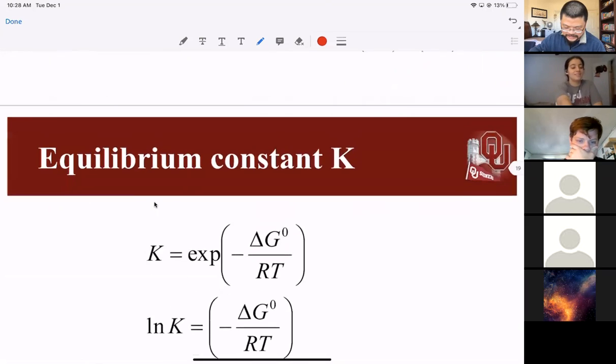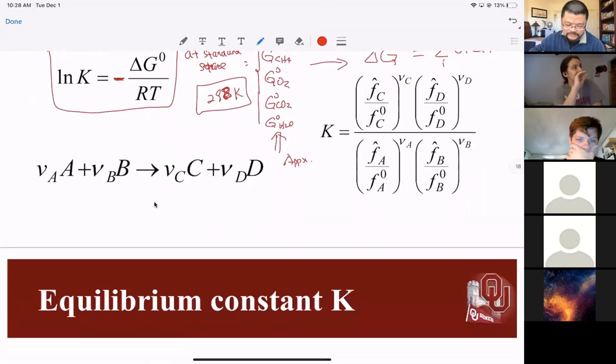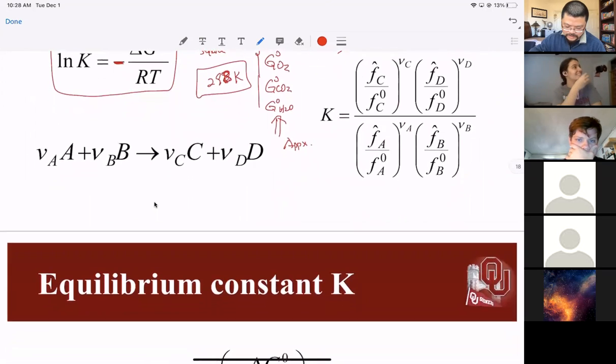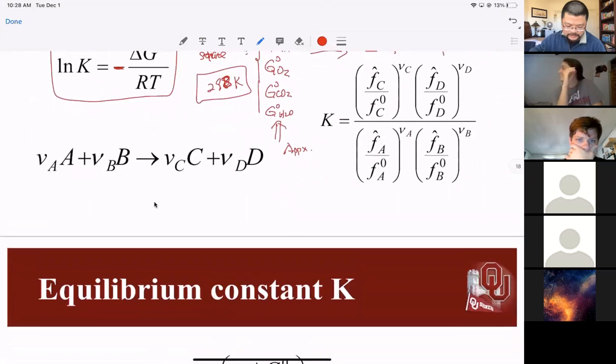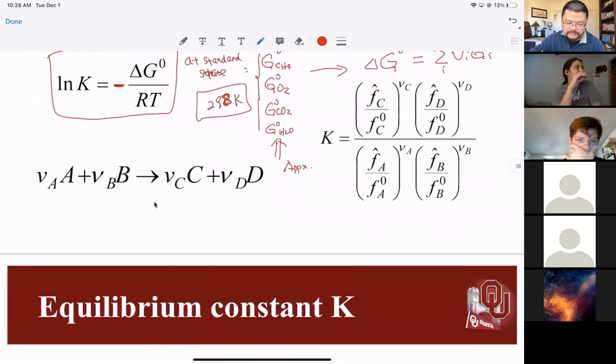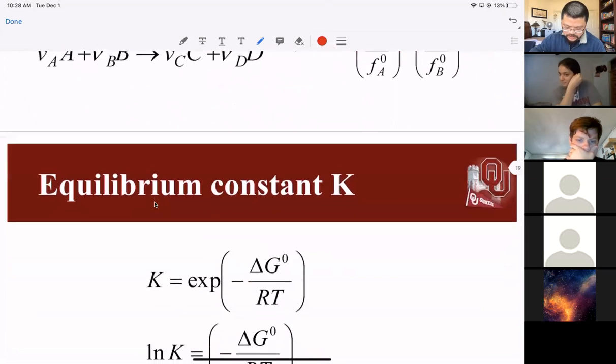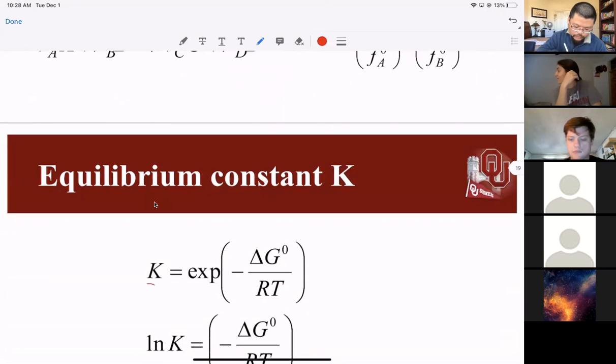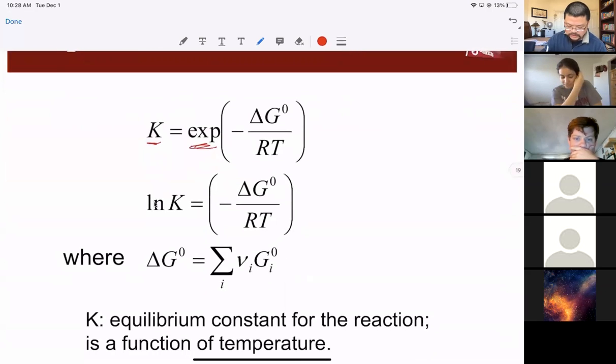Let's try to see what's left for us for the equilibrium constant K. So now if we have log K is minus delta G naught over RT, then of course if you want to have the K value, then this is the exponential term, right? So this is just changing from log to exponential, nothing special, and then we just have this delta G naught as the combination of each reactant and product.